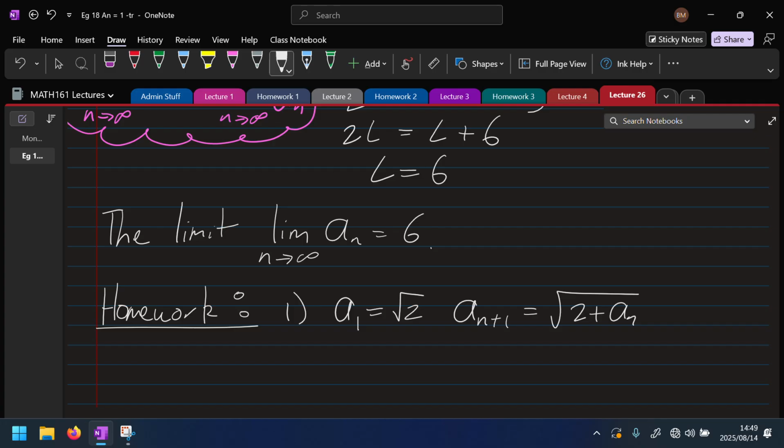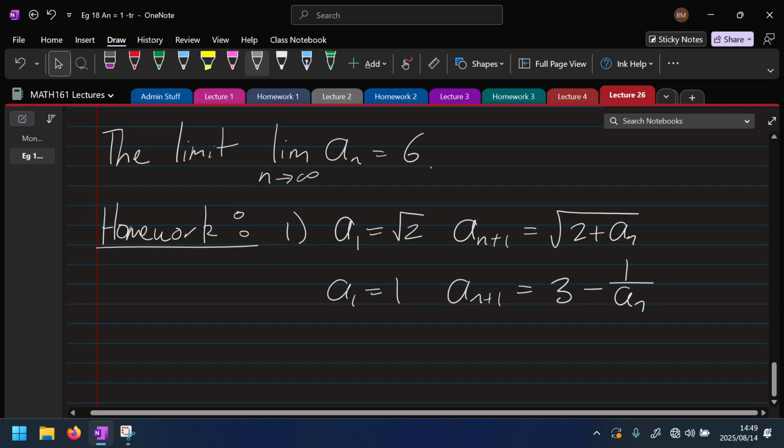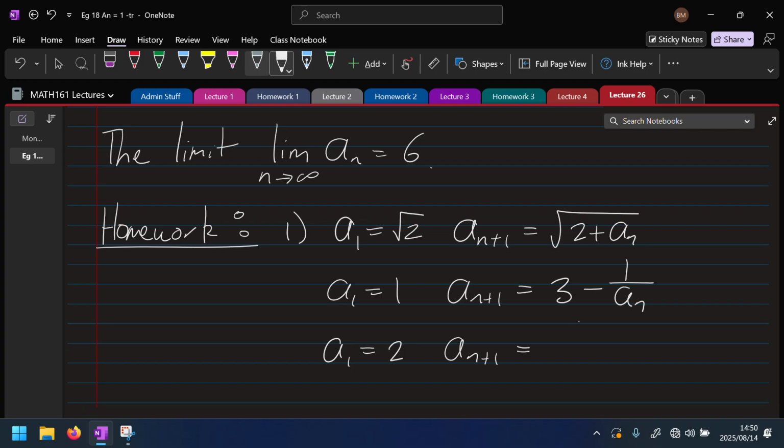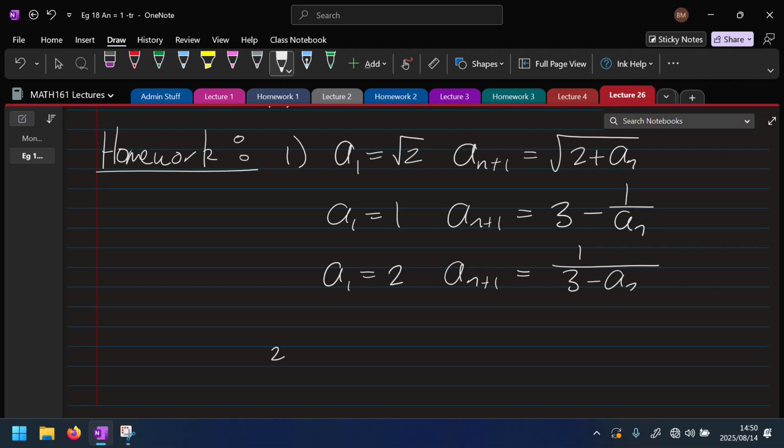Show its convergence, find the limits. a1 is 1, a n plus 1 is 3 minus 1 over a n, same story as the first one. a1 is 2, a n plus 1 is 1 over 3 minus a n. Okay, expect something like this for the quiz. Hint, hint. Okay, number 2.